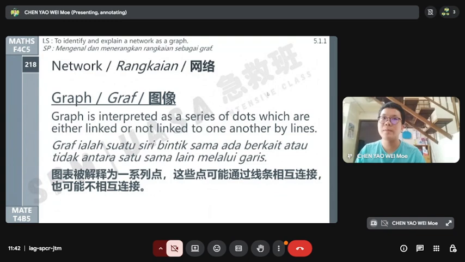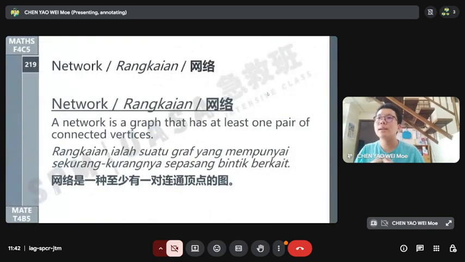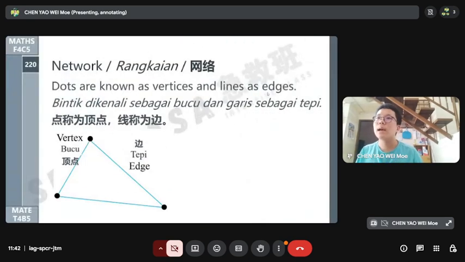But today we focus on network. A network is a graph that has at least one pair of connected vertices. Dots are known as vertices and lines are edges. You can see here the dots are known as the vertices and the lines we call the edges.